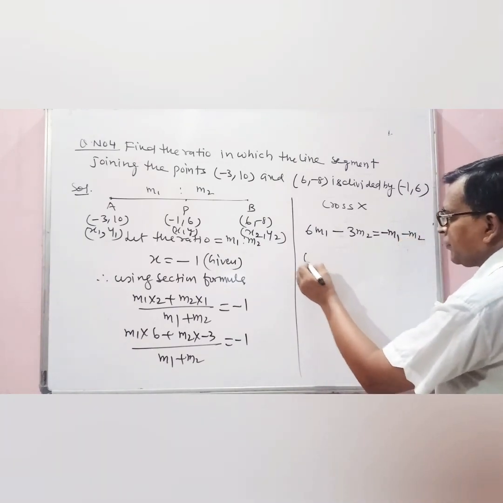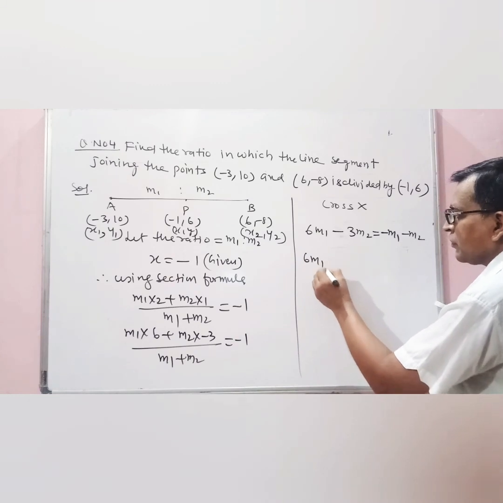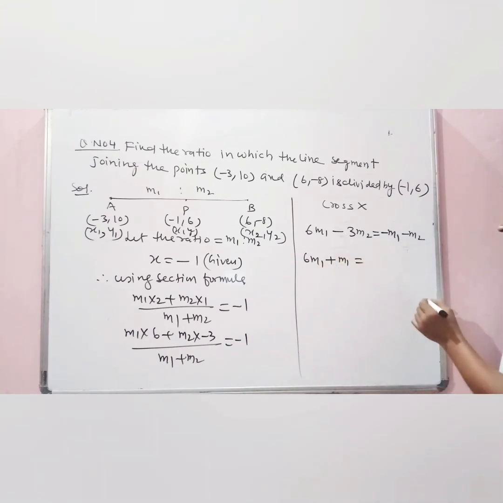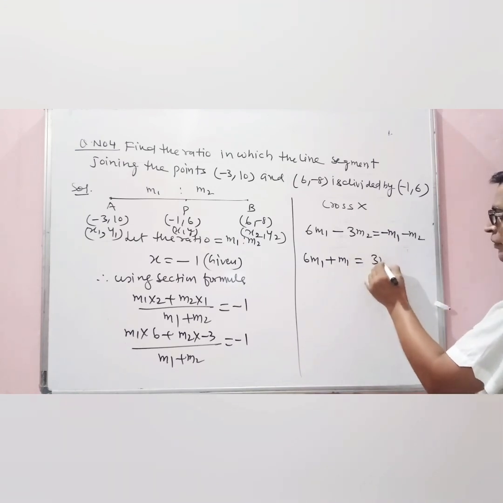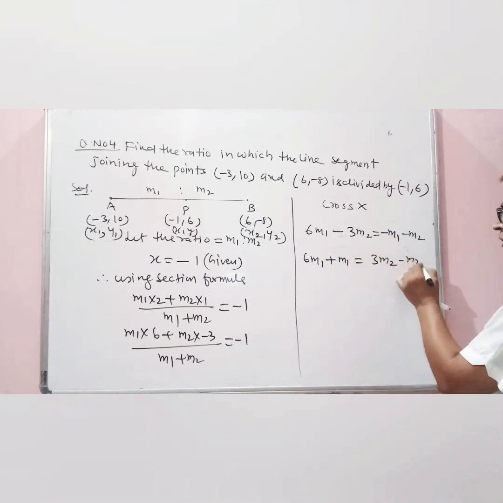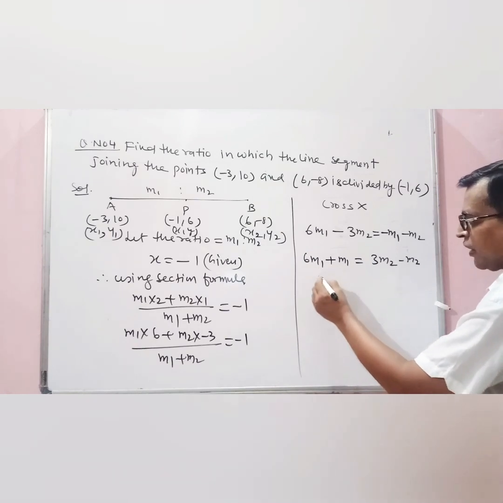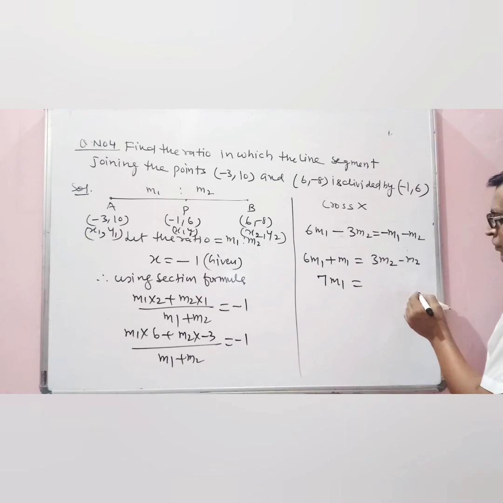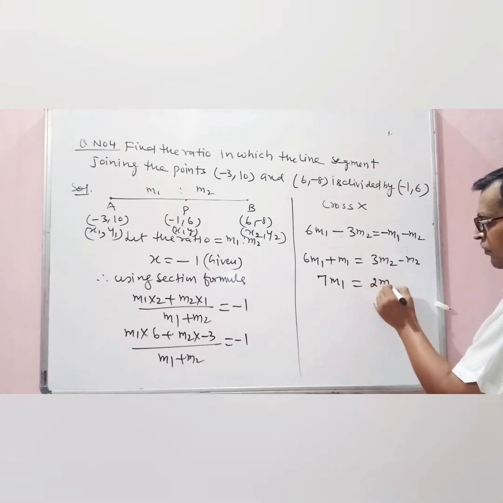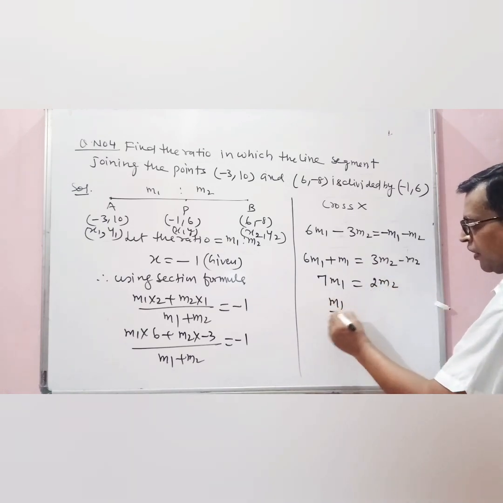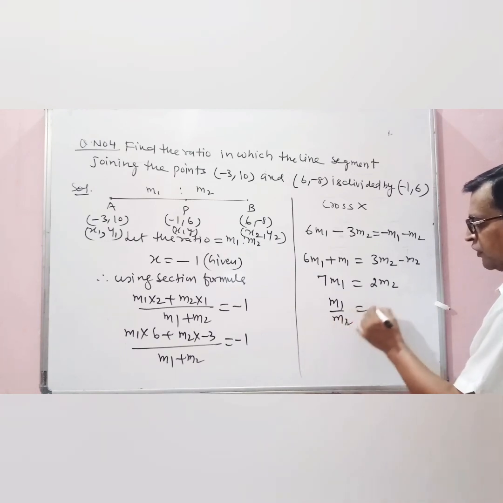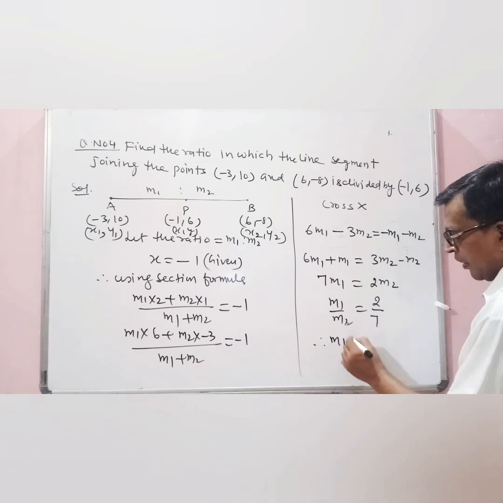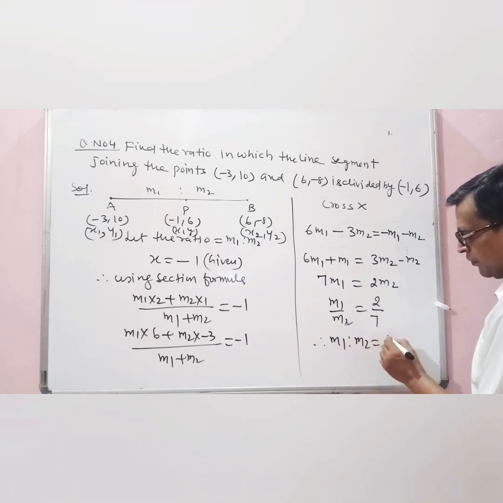Now change sides: m1 terms together and m2 terms together. Changing sides, m2 and minus m2 give 6 plus 1, 7 m1 equals 3 minus m2 gives 2 m2. Now m1 upon m2 is 2 upon 7. Therefore the ratio m1 to m2 equals 2 to 7.